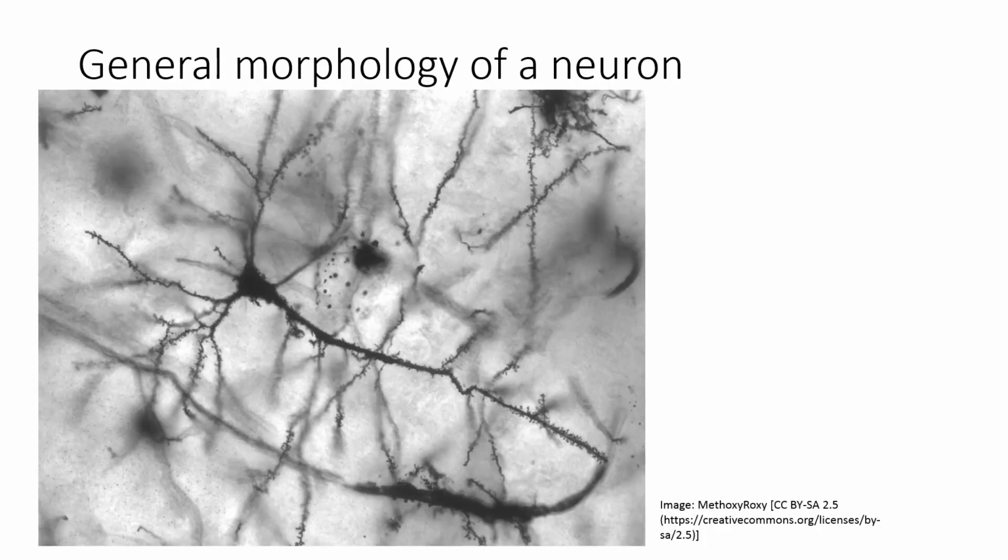A neuron has three main pieces or parts to it. So if we're going to discuss the general morphology of a neuron, we need to know what those parts are. The trophic center of the cell, that is the place where we find most of our organelles, is here. And this part of the cell is called, most commonly, the soma, meaning body.